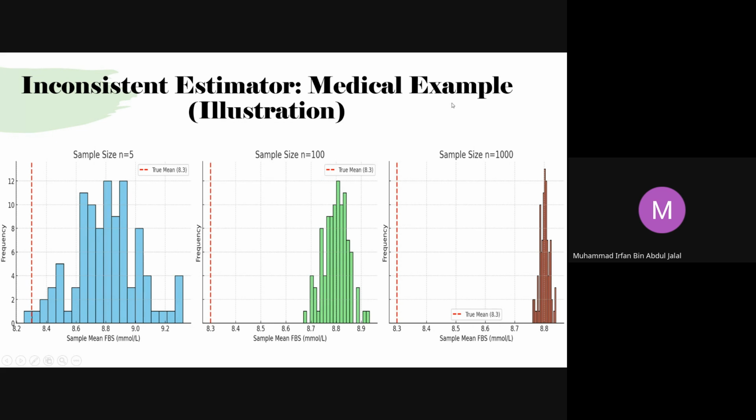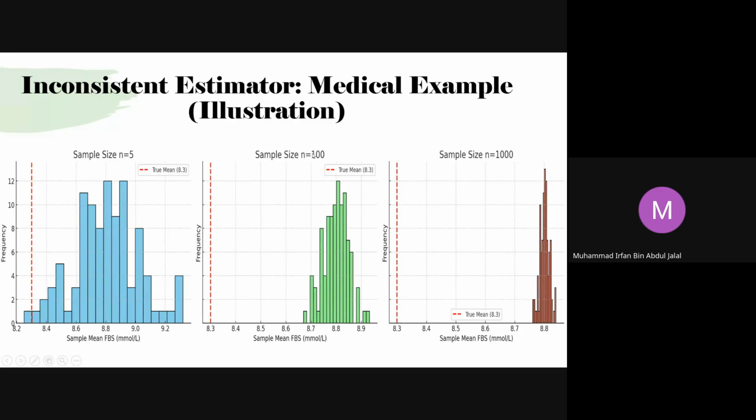So what will happen if another estimator is not consistent? The sample mean is an example here. So you can see that the true blood sugar level is around this region, represented by the dashed red line here. With sample size n, kat sini kat tepi ni jauh tak kena.